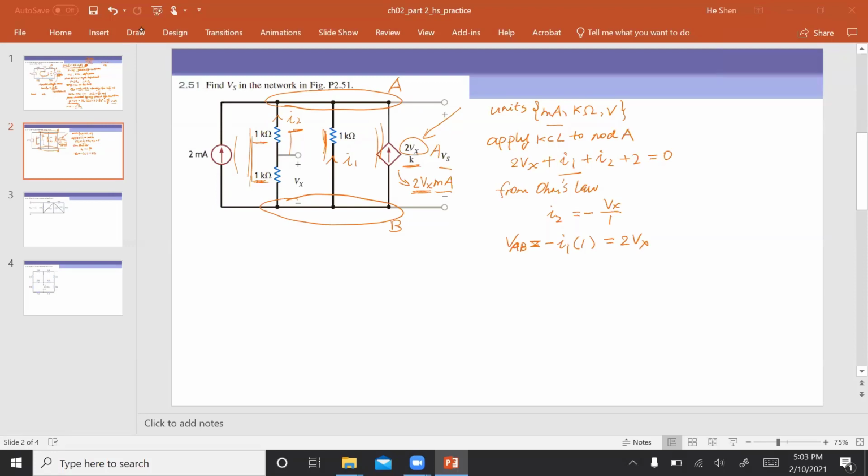So now we have found all the relationships between I1, I2, and Vx. So I2 is equal to negative Vx, and I1 is equal to negative 2Vx. We substitute equations 2 and 3 into the first equation.